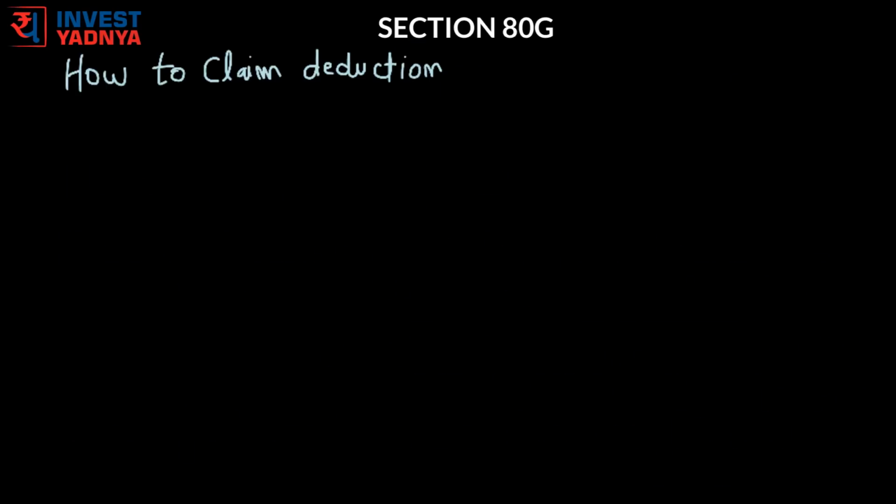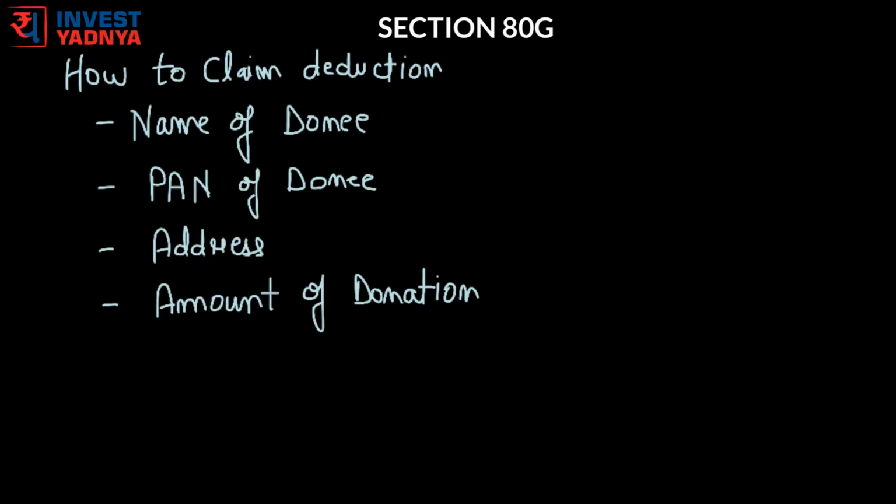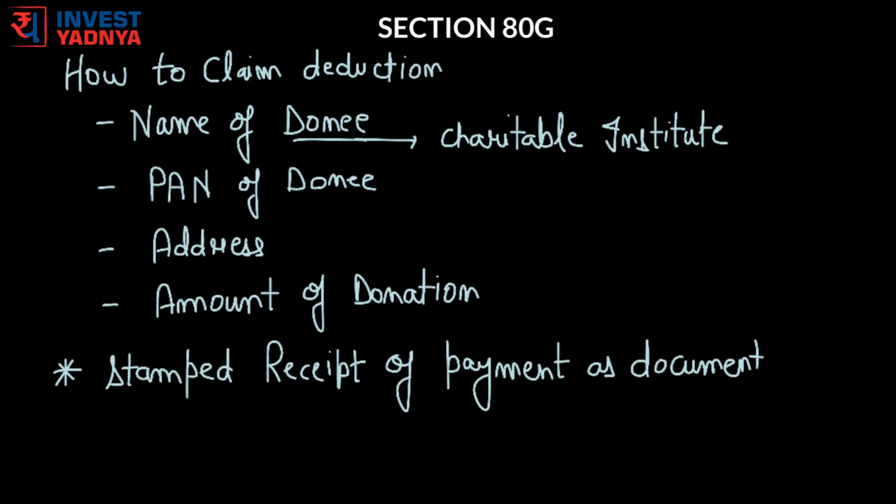Now, to be able to claim this deduction, the following details have to be submitted in your income tax return: name of the donee, PAN of the donee, address of the donee, and amount of contribution you have made. Donee is the institution where you have donated your money. As documentary proof, you should have a stamped receipt from the donee to whom you have made the payment.